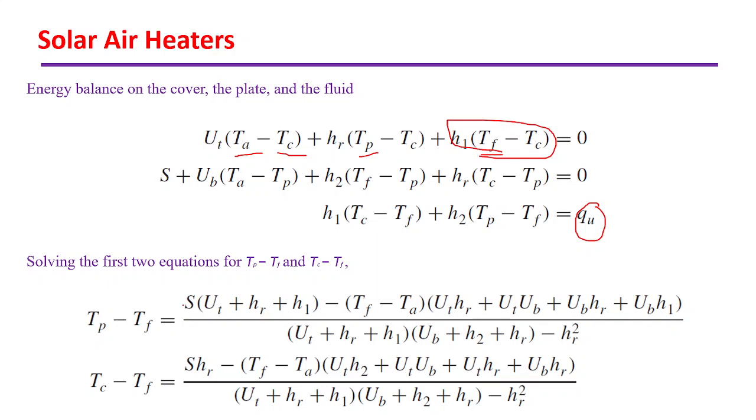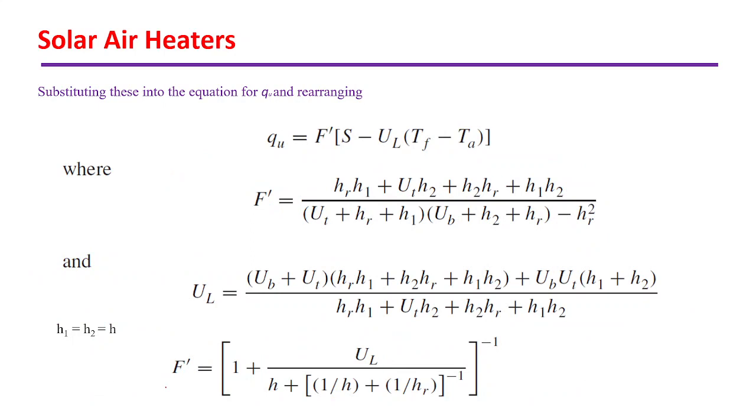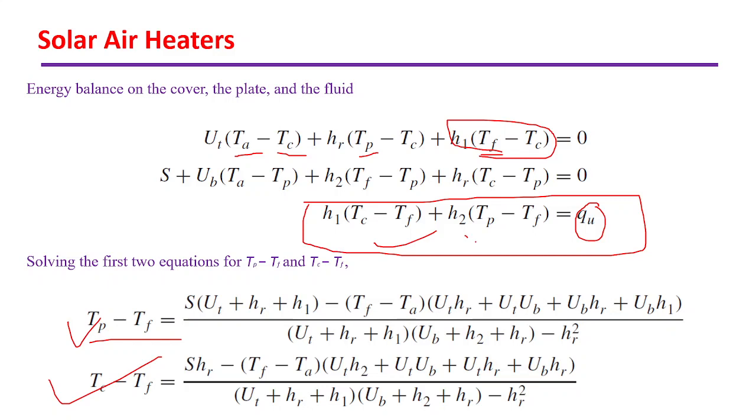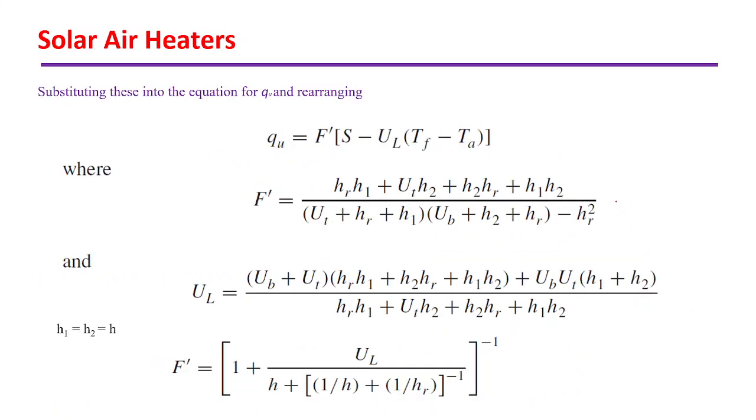By solving these equations, we can get the temperature difference between the absorber plate and the fluid, and the temperature difference between the collector and the fluid. Similarly, if we substitute Tc minus Tf and Tp minus Tf into the third equation, then we can derive the equation for the useful energy gain Qu.